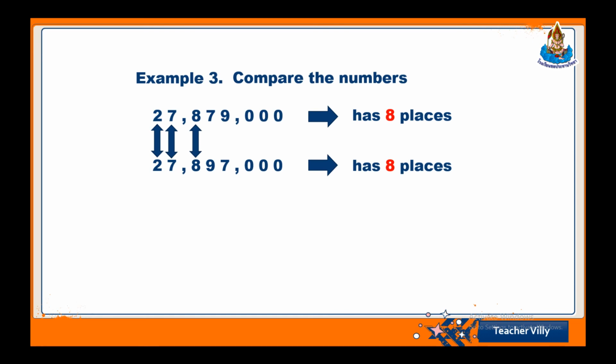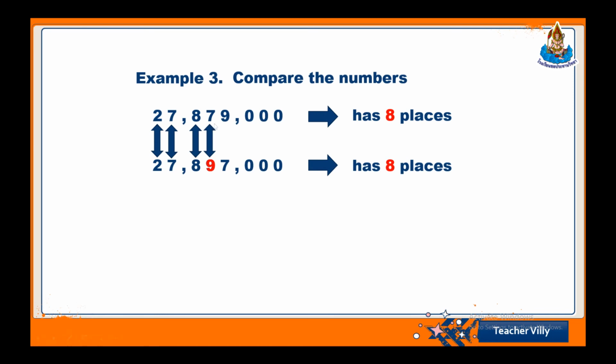They are the same. Now let's move on to the 10,000s place. This is 7 and this is 9. So they are different, and based on this we can compare these two immediately. Which one has the greater value, 9 or 7?